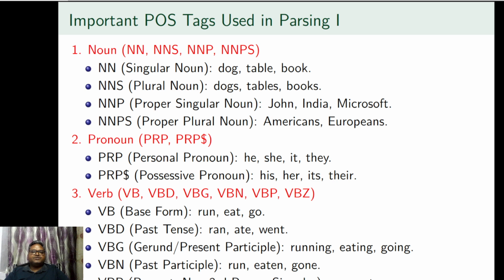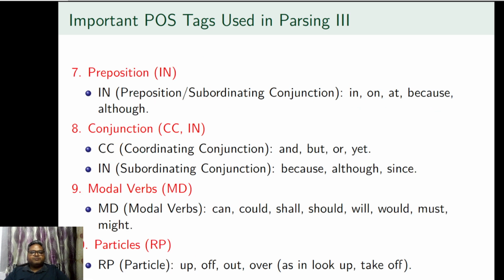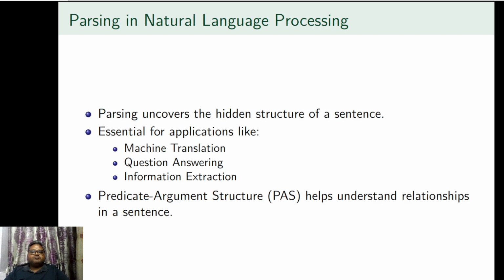So this is an extensive list of POS tags: noun, singular noun NN, plural noun NNS, so on and so forth, proper nouns, verb, verb past tense, present participle, past participle, present non-third person, present third person singular is given by VBZ, then adjective, adverb, determiners, predeterminer, and WH determiner, which, whatever, preposition, conjunction, modal verbs, particles, interjection, and WH words, who, what, whom. So these are the important POS tags used in parsing.